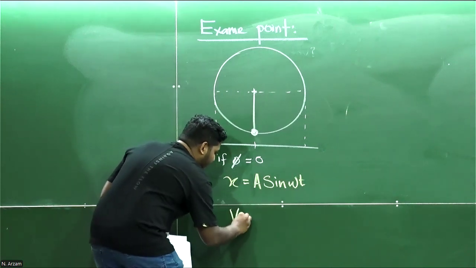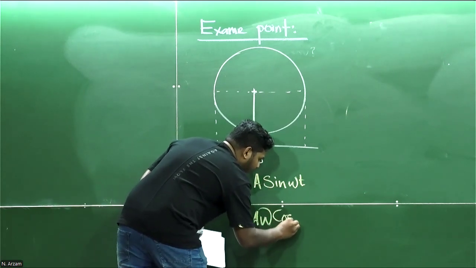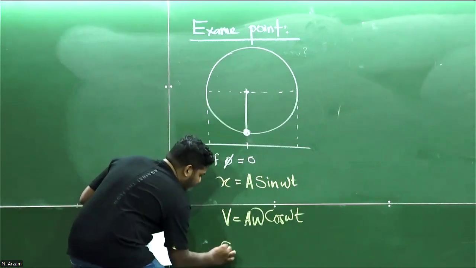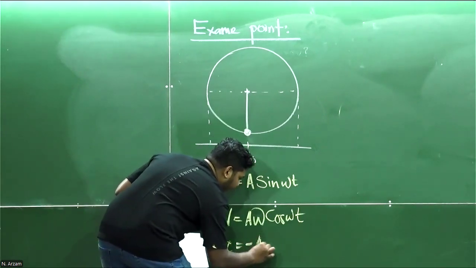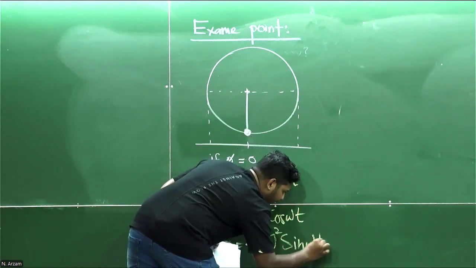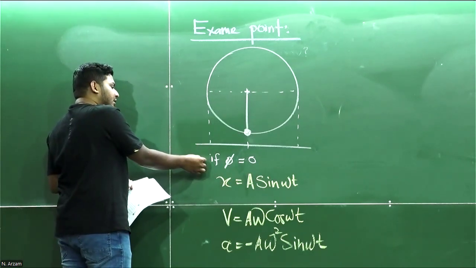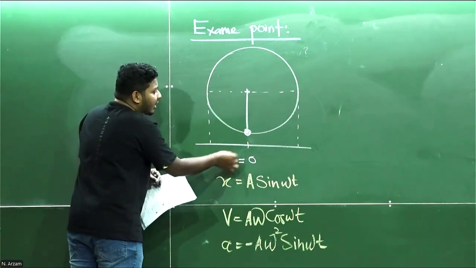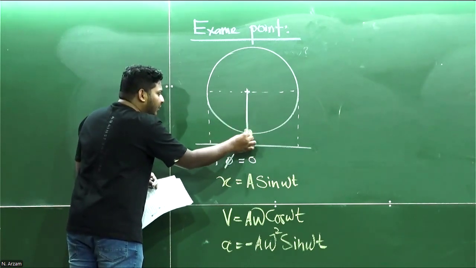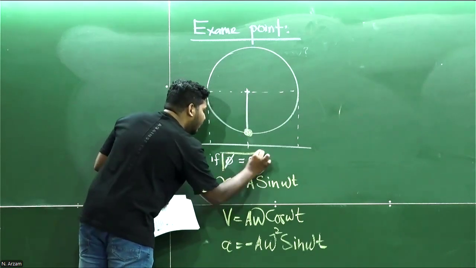V is equal to A omega cos omega t. A is equal to minus A omega square sine omega t. So these are the equations if the simple harmonic motion starts from its original point, or its mean point, or the starting point here, right? If phi is equal to 0.